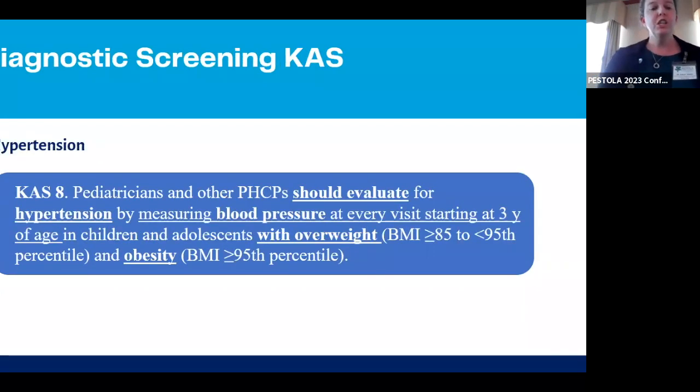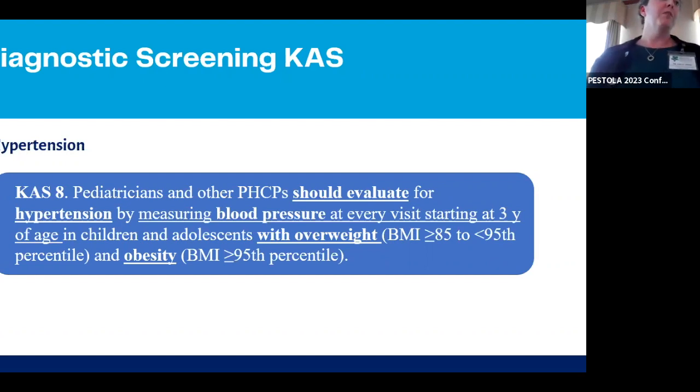For hypertension, pediatricians should evaluate by measuring blood pressure at every visit, starting at 3 years of age, for children with overweight and obesity. So that's different. I work with primary care physicians quite a bit. I go to their offices, we train them in their office, we do practice facilitation, we look at chart abstractions.